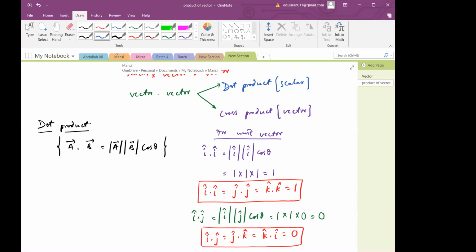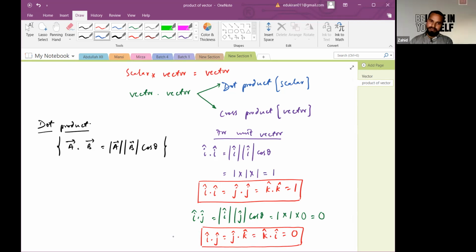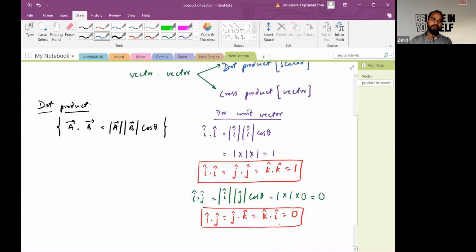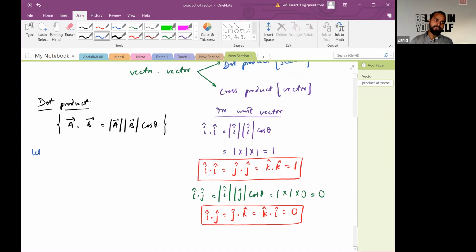Now, using this concept, I'm defining the dot product using components. Let's say A has three components, AX I cap, AY j cap, and AZ k cap.